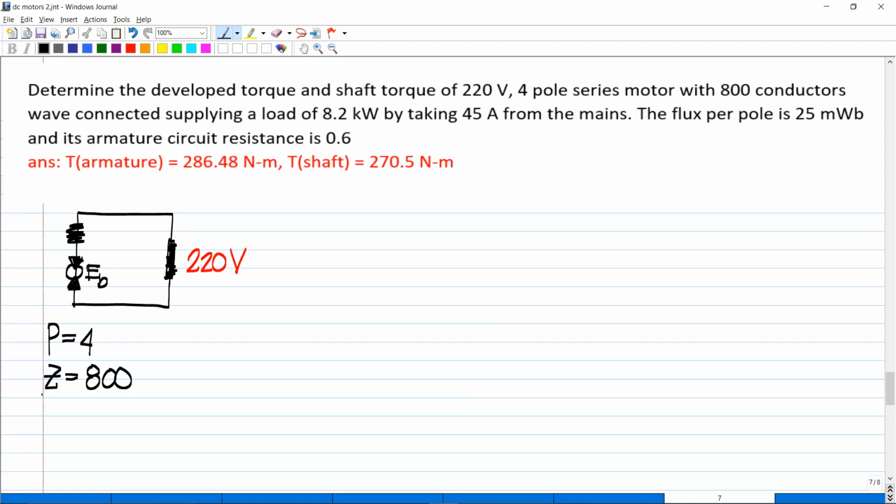What else? Wave connected, so take note, this is wave connected. There is the output power, 8,200 watts or our 8.2 kilowatts.